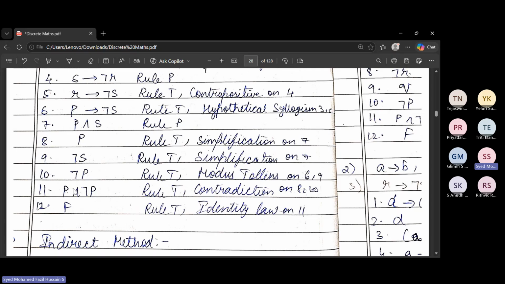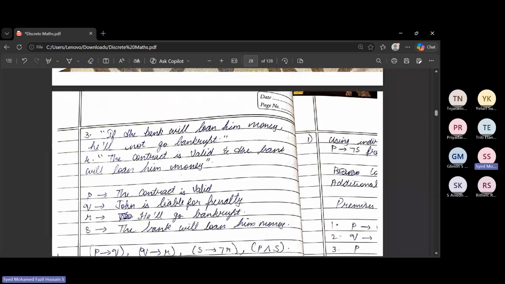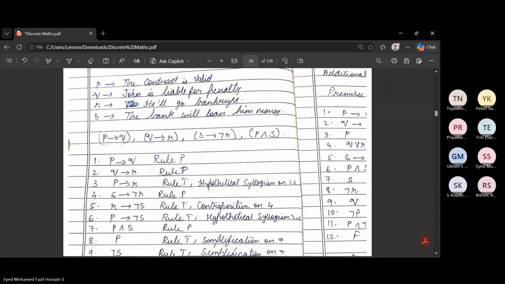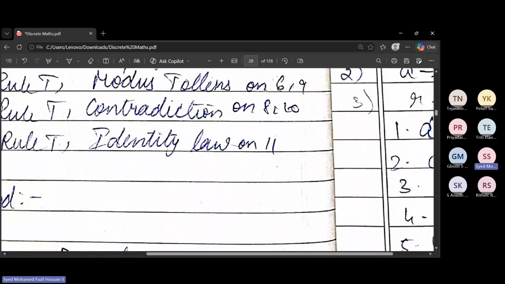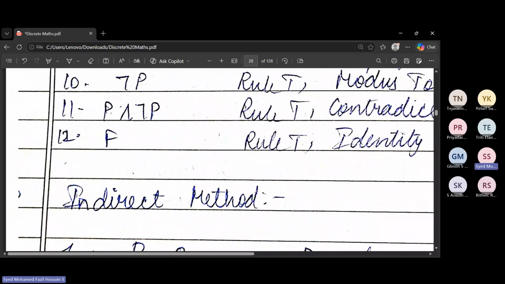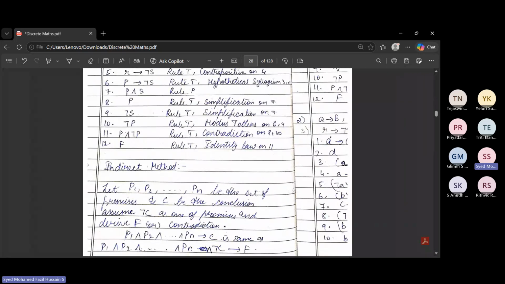False, right? So we can say that it is an inconsistent premise. If it gives false finally, then we can say that it is inconsistent.